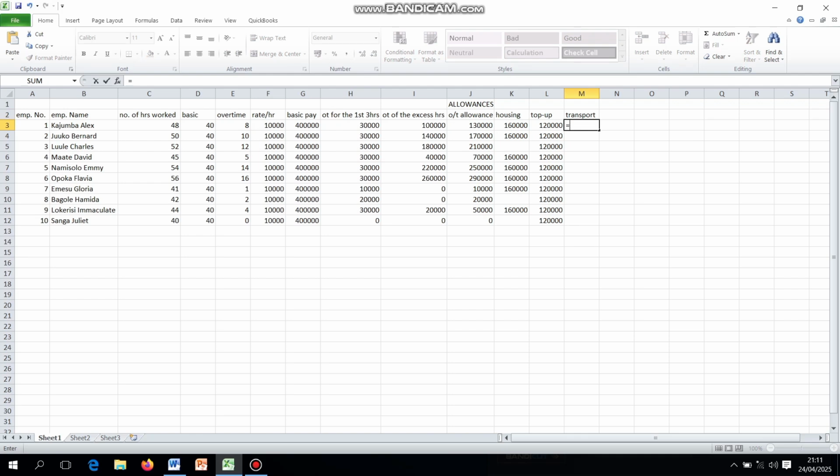We shall write that 20,000, which was given to us. Then we shall multiply it with 4 weeks, and we shall get that. So after getting that, we shall fill it. Then having finished the allowances, then we shall calculate the gross pay.